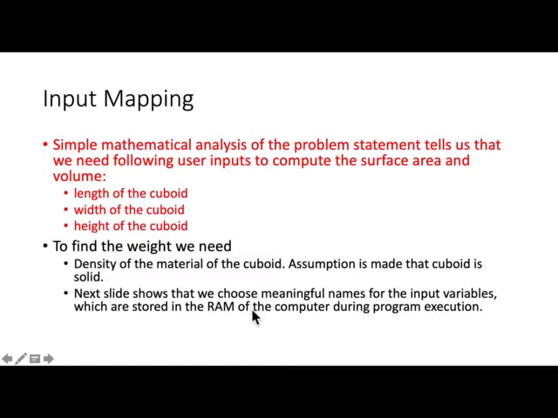The next slide shows that we choose meaningful names for input variables, and these input variables are stored in the RAM of the computer during program execution. Formulas to compute surface area, volume, and weight use these variables and the values stored in them.